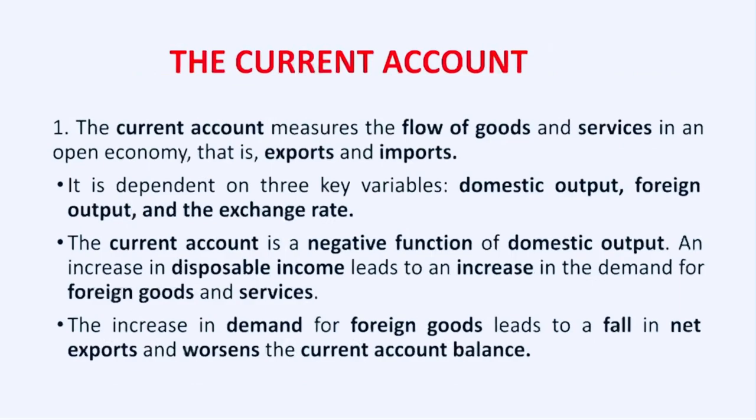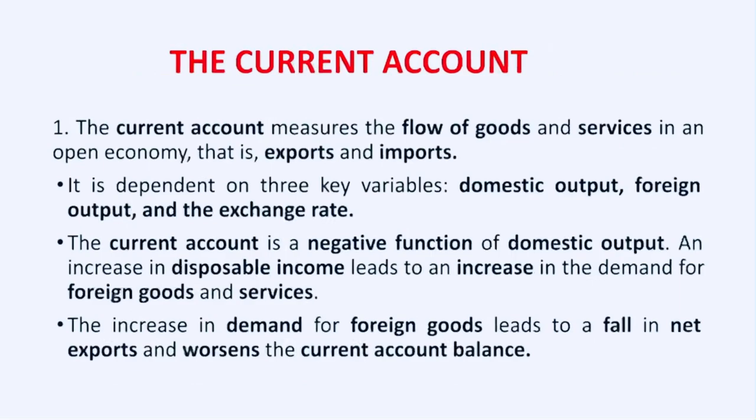What this means is, if domestic output or income increases, if more people are becoming richer due to higher output, they sell more output and get more money, they tend to switch their expenditures from domestic commodities to foreign commodities. So it means they have a higher taste for foreign goods.